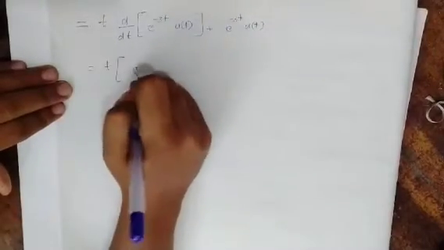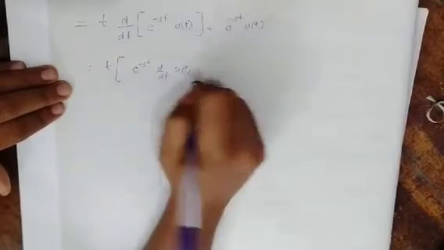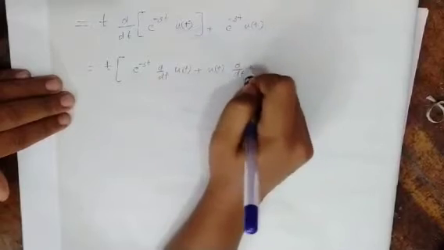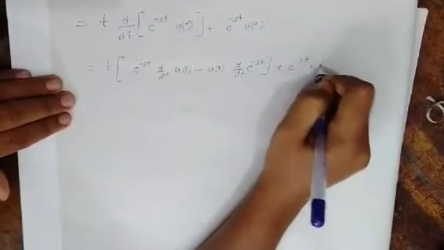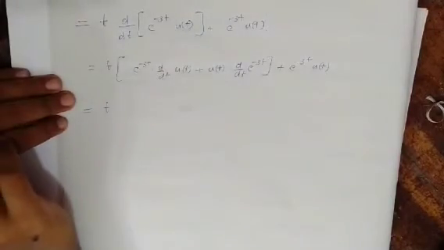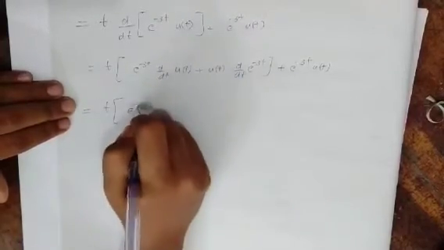So the answer is e raised to minus 3t into d by dt of u of t plus u of t into d by dt of e raised to minus 3t plus e raised to minus 3t u of t, which is equal to t into e raised to minus 3t.